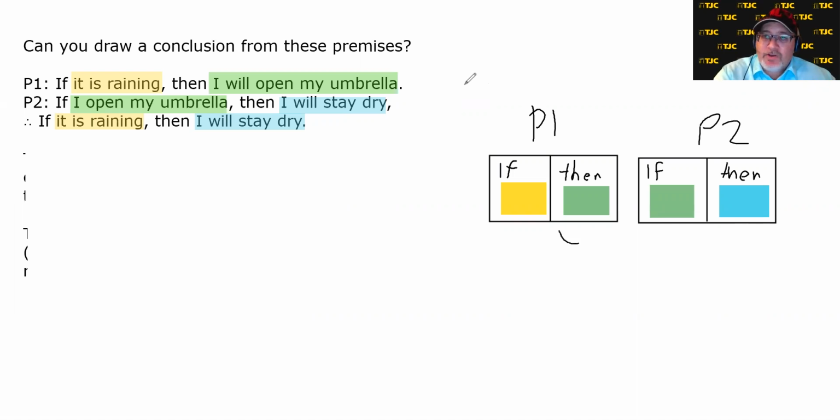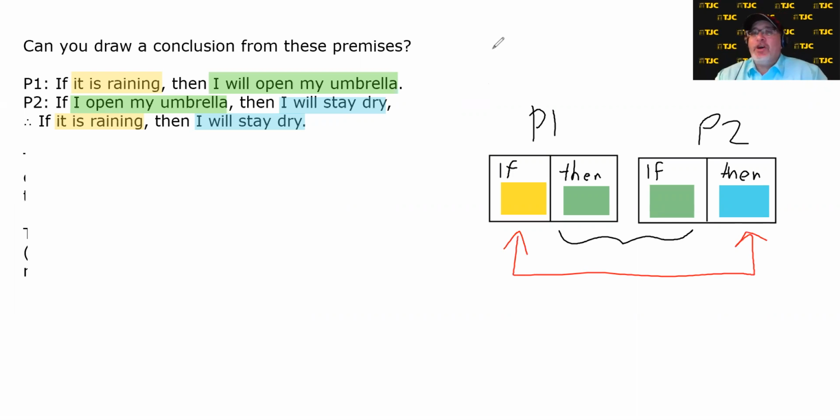But if the end of one domino matches the beginning of the next, if the consequent of the first premise matches the antecedent of the second, then you can form a new conditional by connecting the dominoes and ignoring the stuff in the middle. And that's what the conclusion would be. So that's how I see this particular argument form, as matching dominoes end to end, and then drawing a conclusion that says if I start at the beginning of the first domino, then I conclude the consequent at the end of the last domino.